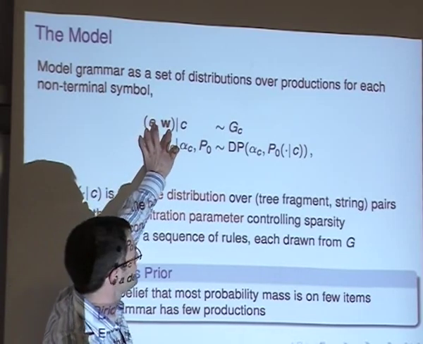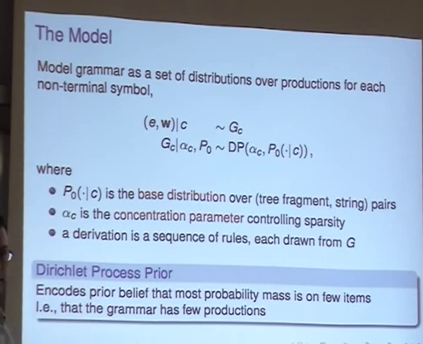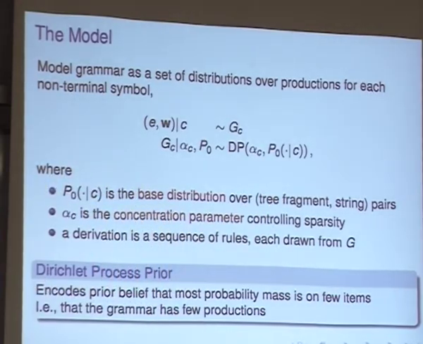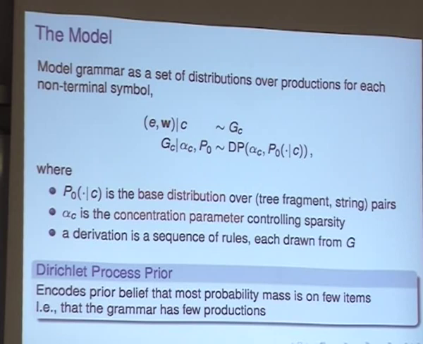We draw these pairs from a distribution which is conditioned on the non-terminal that's being rewritten, G. And as before, we draw G from a Dirichlet process with an alpha variable which is controlling the sparsity or density, and we also have a base distribution, which of course is a little bit different to before, and I'll get into that in a sec. So a derivation here is a sequence of rules.